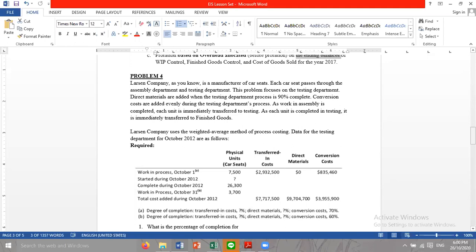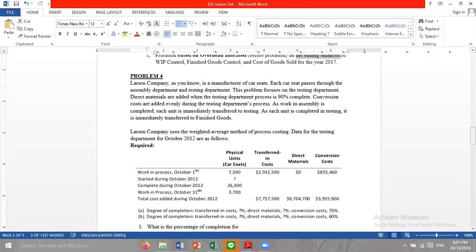But in essence, just treat transferred in cost as a separate type of direct materials when we are doing the schedule and calculating the cost. Remember that since transferred in cost is treated as direct materials added at the beginning, the degree of completion in transferred in cost will always be 100%, no matter what.